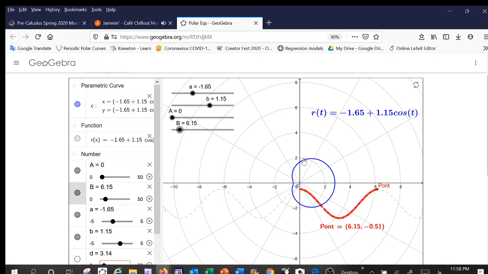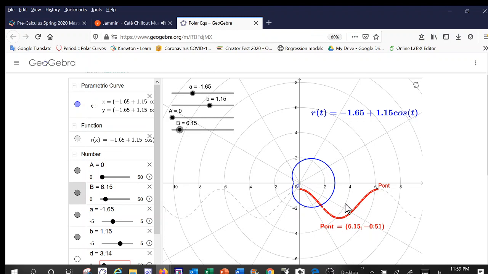What we are doing with the blue graph here is that as r goes up and down here, r goes back and forth like that. So think about wrapping this graph around this circle. That's what it's going to look like.